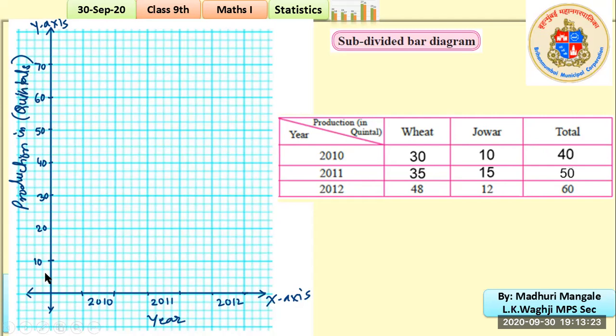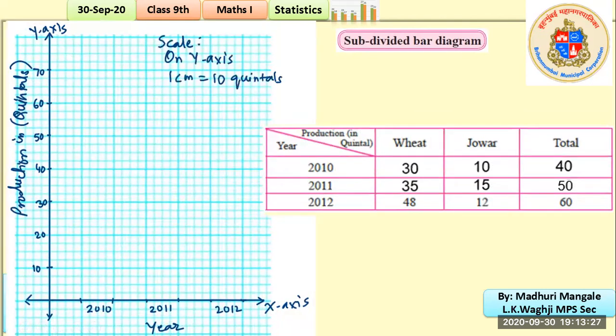Okay, and the next step would be we write the scale. So the scale would be on y-axis, 1 centimeter equals to 10 quintals. All right, because we are jumping by multiples of 10, 10, 20, 30, so on. Okay, students, now let us quickly graph it.